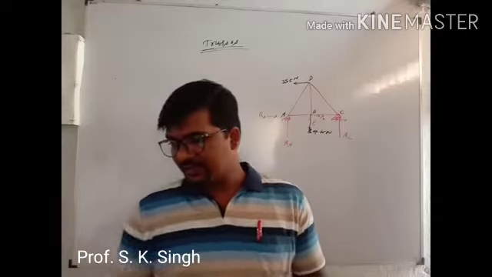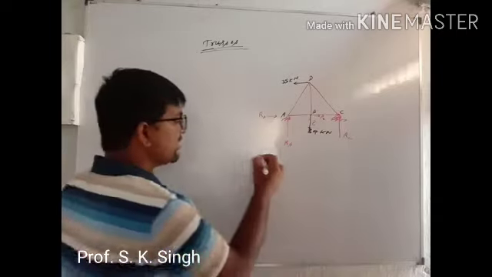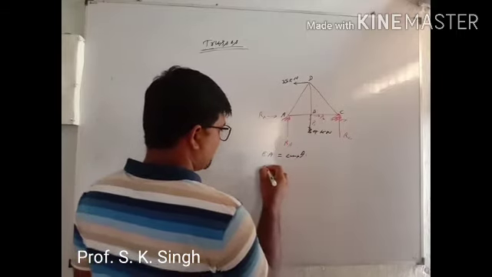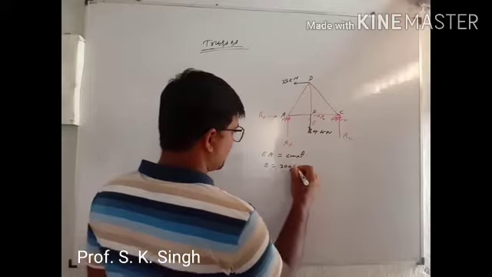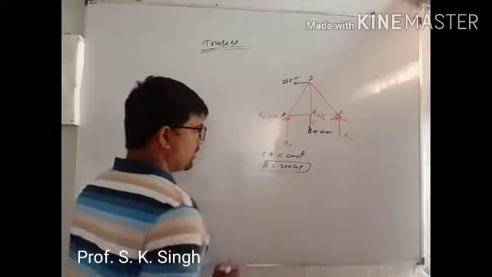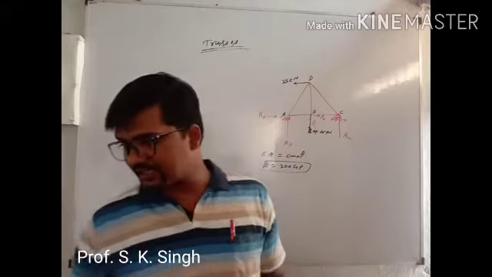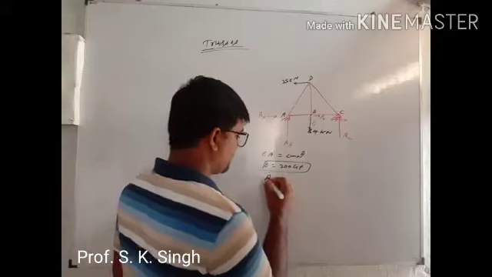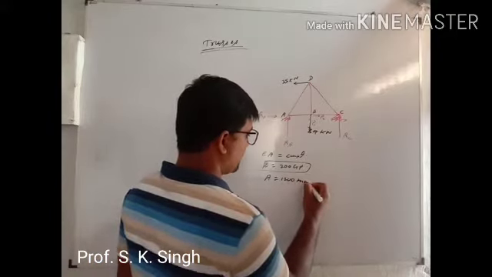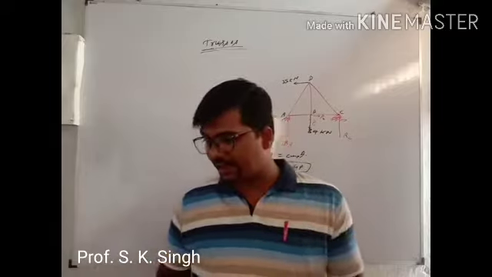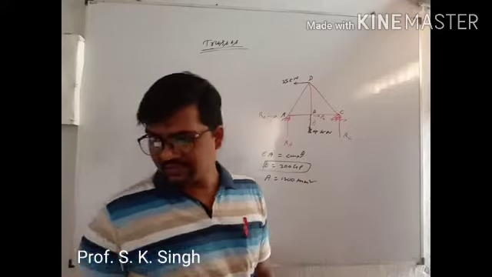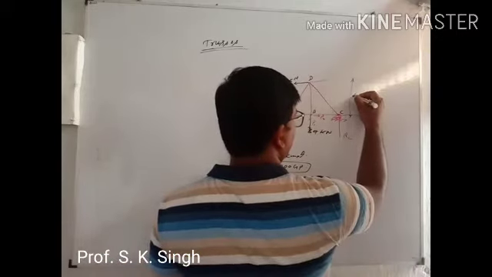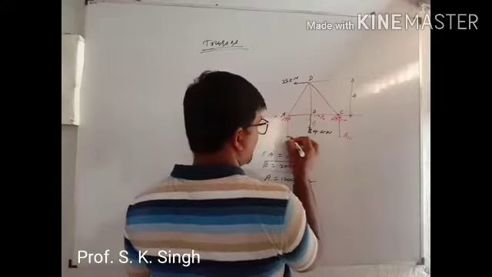E and A are constant here. E is 200 gigapascal. A is the cross-sectional area, 1200 mm square. Next, the height is 4 meter.